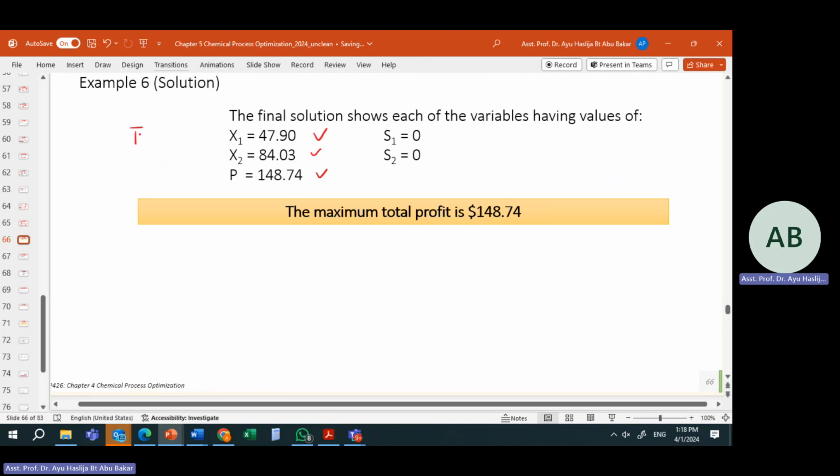Previously, x1 is type A. x2 is type B. Okay, so now the maximum profit is 148.74, with this amount of type A and type B. Okay, so that's it, your final answer. This answer is 1 mark each.